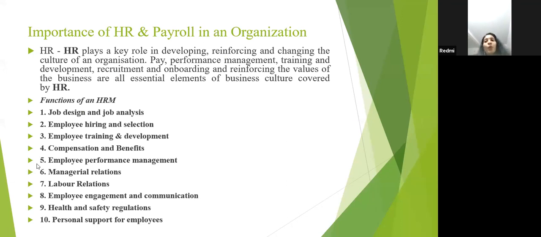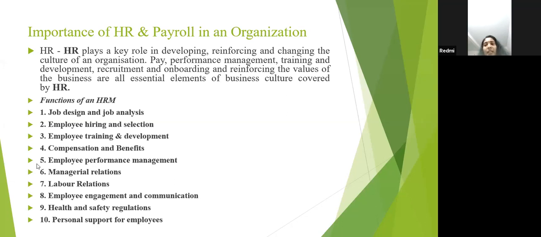One of the foremost functions of HRM is job designing and job analysis. Job design involves the process of describing duties, responsibilities, and operations of the job. To hire the right employee based on rationality and research, it is imperative to identify the traits of an ideal candidate who would be suitable for the job.